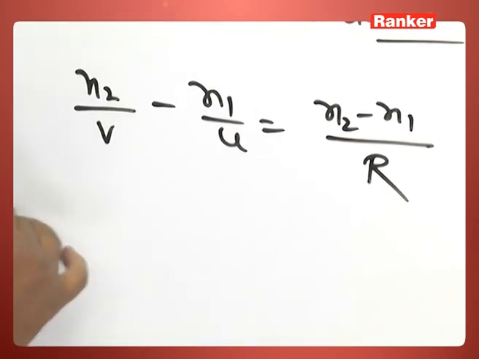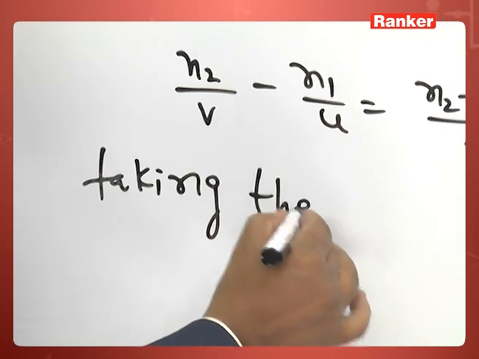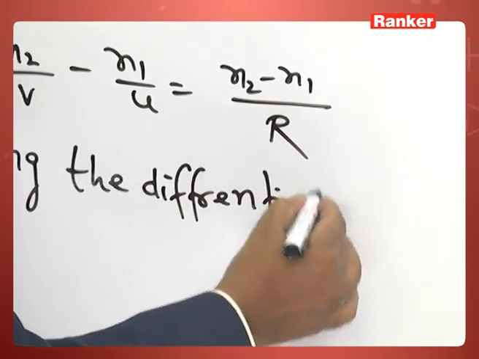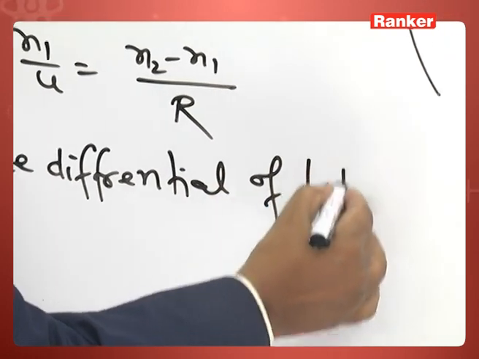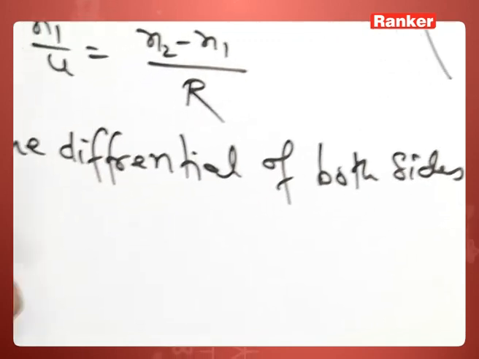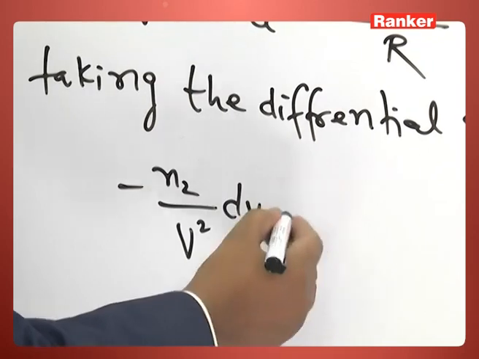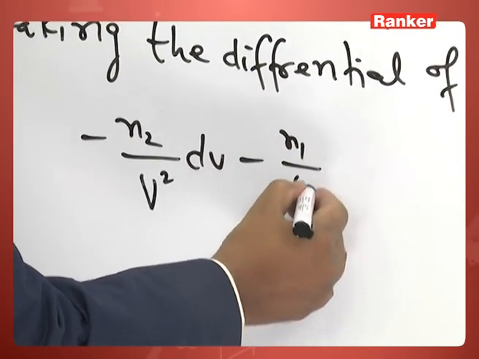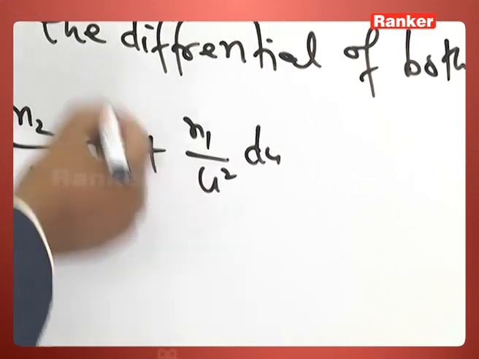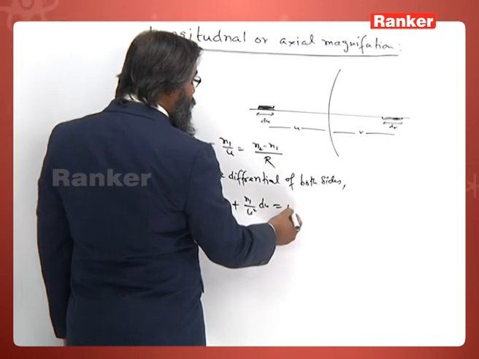Taking the differential of both sides, we get minus n2 by v square dv minus n1 by u square du. If I differentiate 1 by u, this will become plus, and it is equal to 0 on this side.